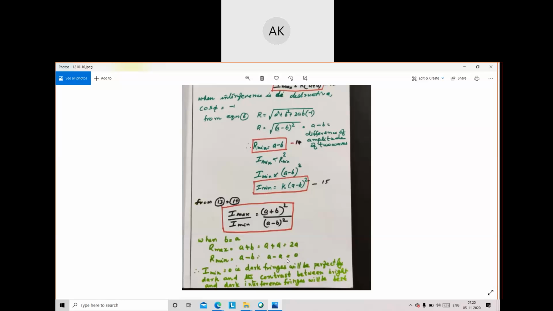That means the bright band will be perfectly bright, but the dark band will be completely dark. So, if there is a difference between A and B, some intensity of light will be there in that region. It will not be completely dark. But when both waves have the same amplitude, that dark region will be perfectly dark.